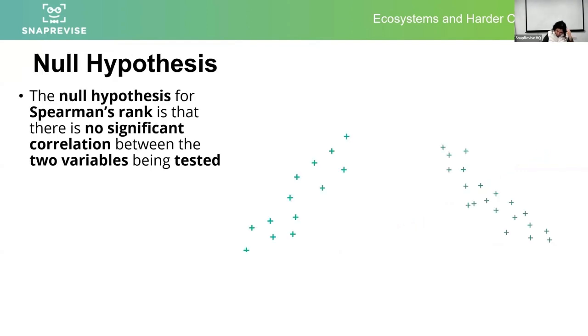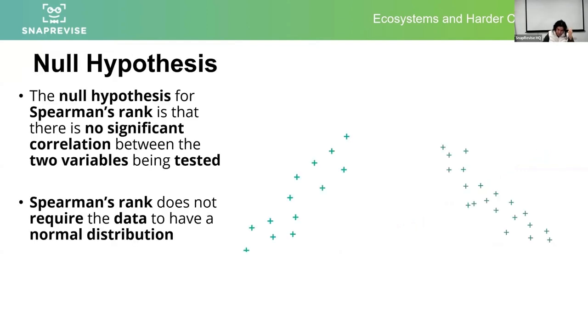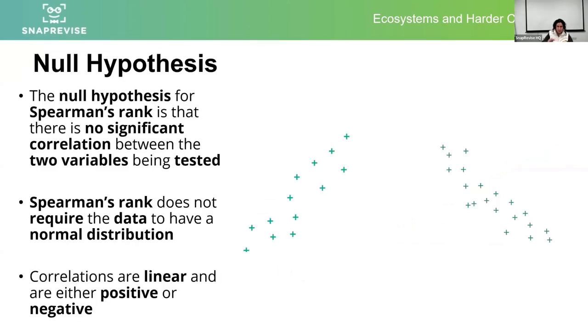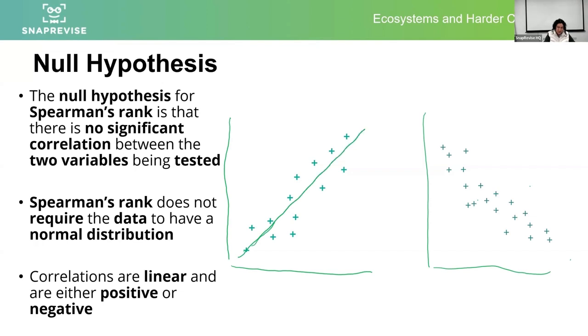The null hypothesis for the Spearman's rank test is that there's no significant correlation between the two variables. So basically, if we have a graph here between the two variables, for instance, if I were to draw a line of best fit here, I have a positive correlation.